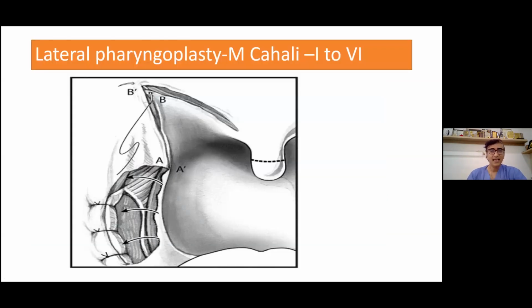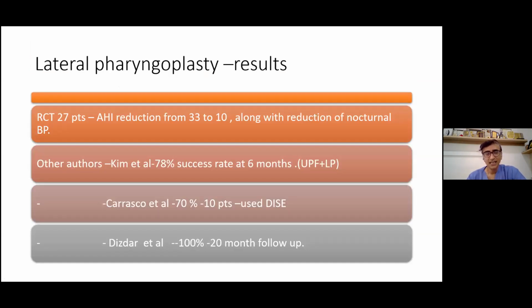Now, there are many versions of lateral pharyngoplasty. I, for one, have not had any experience in this, but there is a lot of data out there, and I think we have to give it to the data. It's got fantastic results. It's not only in Kahali's hands, it's also in other authors' hands that you get a pretty decent success rate.